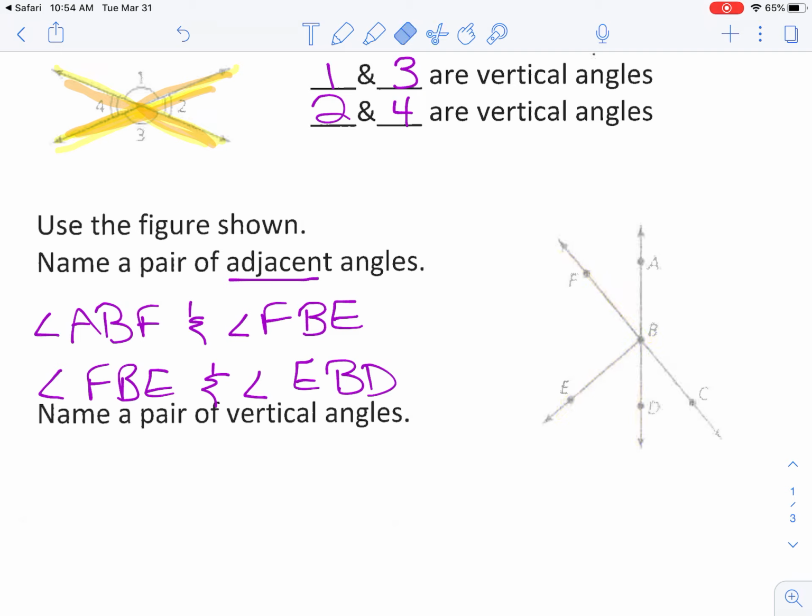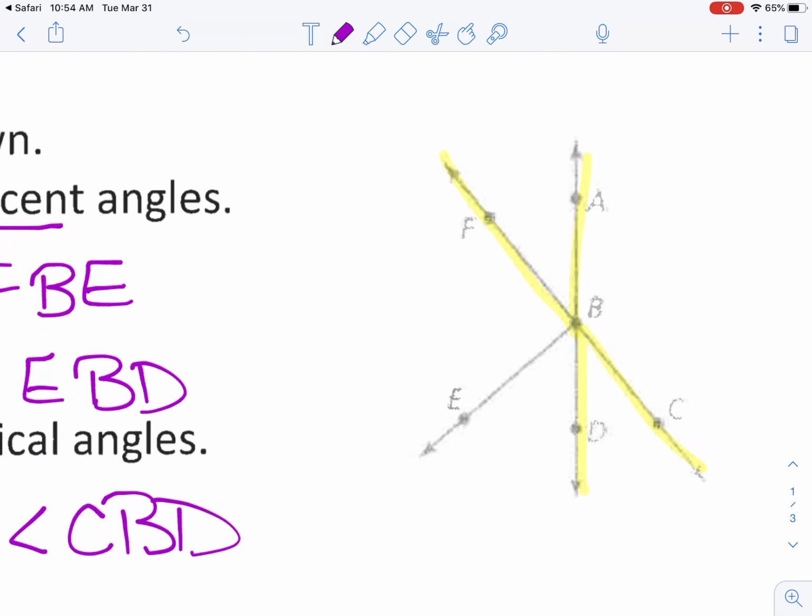Vertical angles. Remember that they are opposite angles formed by the intersection of two lines. If we're looking at vertical angles, we could say angle ABF and angle CBD are vertical. ABF, CBD. Those are opposite.